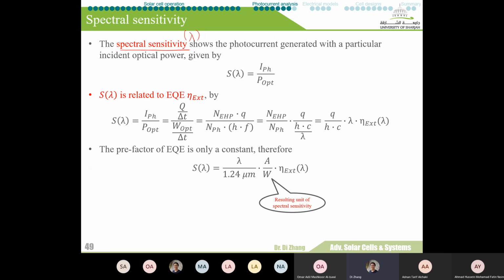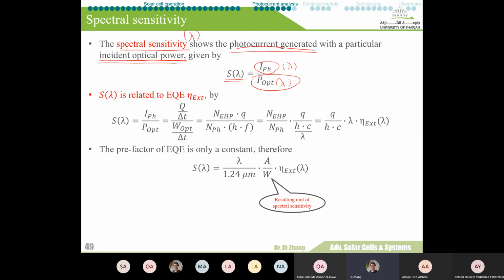Basically, if we look at the solar cell as a photodetector, we would like to know how much current we can generate from the photodetector versus a particular incident optical power. Specifically, we define the sensitivity as the photocurrent at this wavelength divided by the optical power from the incident photons.